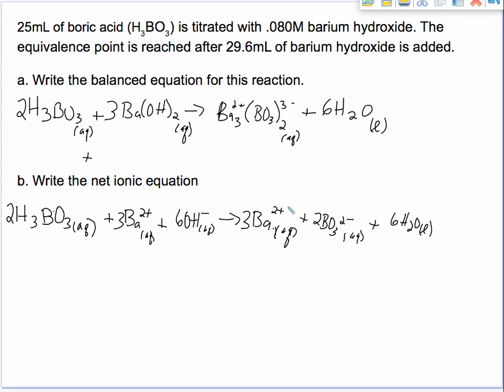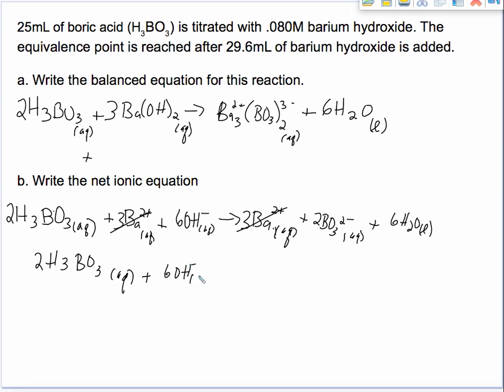Now, you can go through and you can cross off any spectators. Well, the barium ion is aqueous, same thing on both sides. But that's all you can cross off. So you just write what's left over is your net ionic equation for this one.